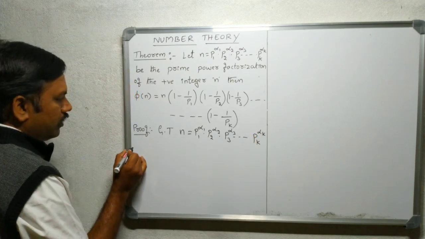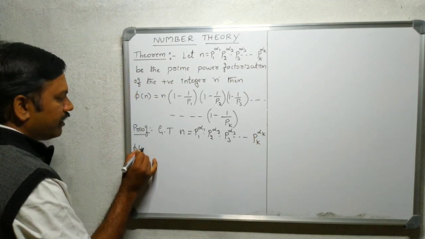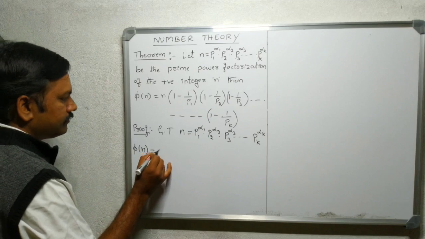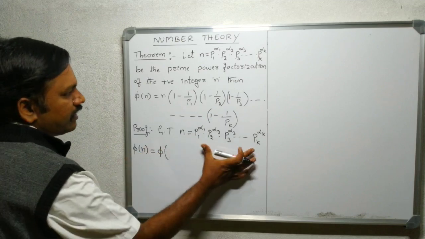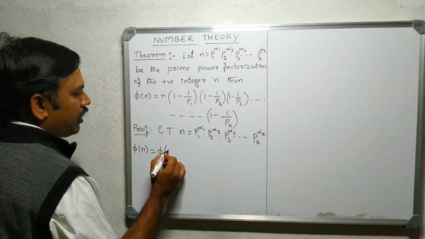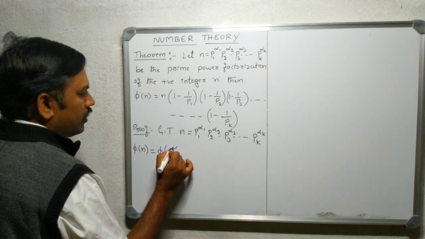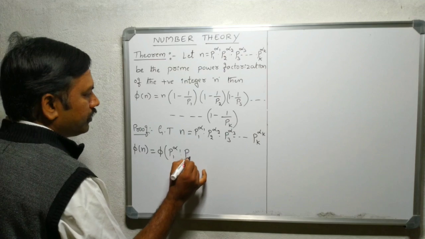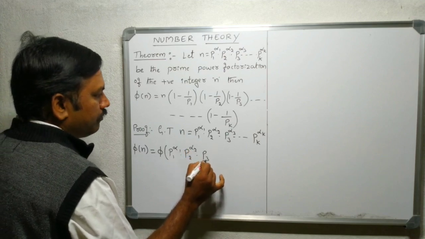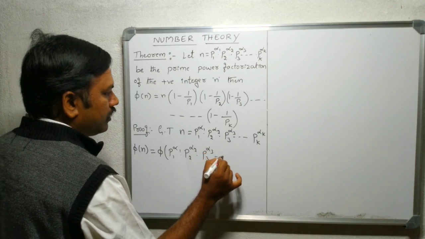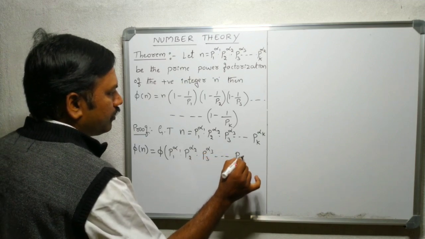So phi of n can be written as phi of, replace this n as p1 to the power of alpha 1 into p2 to the power of alpha 2 into p3 to the power of alpha 3, so on pk to the power of alpha k.